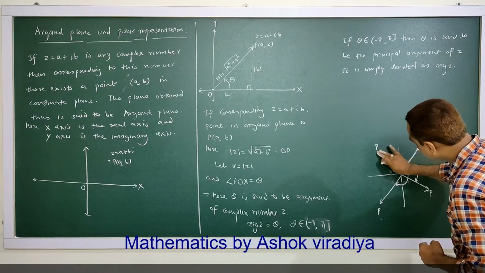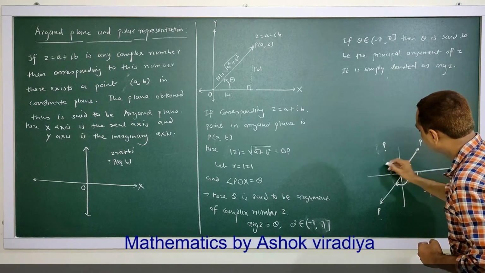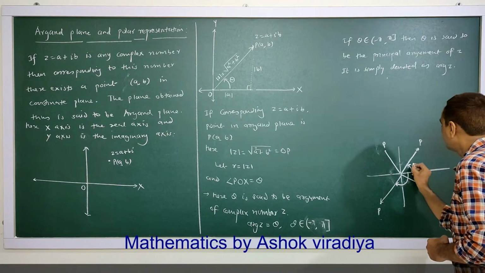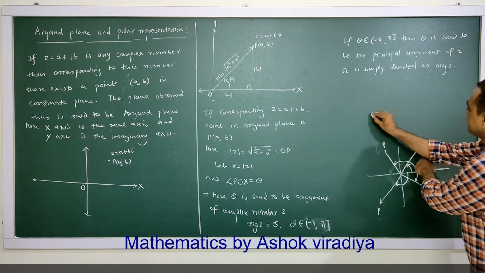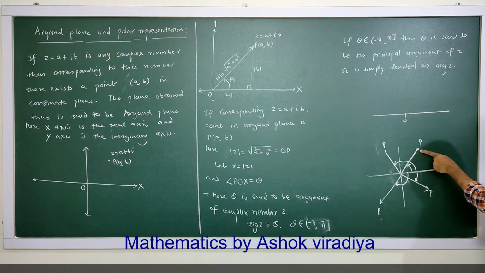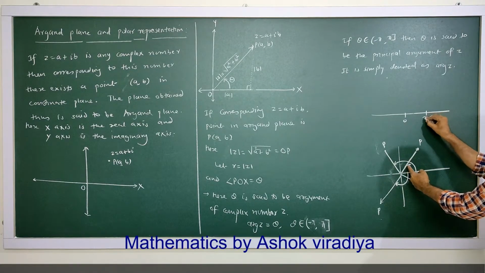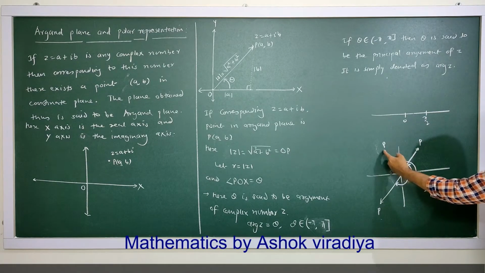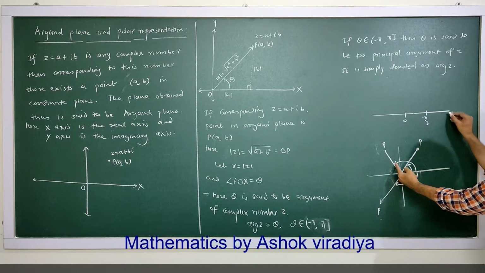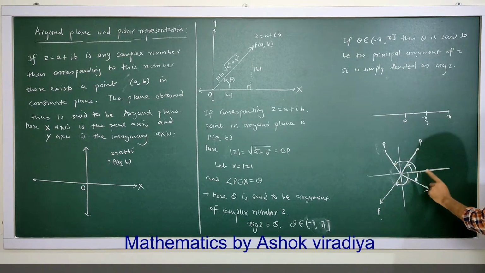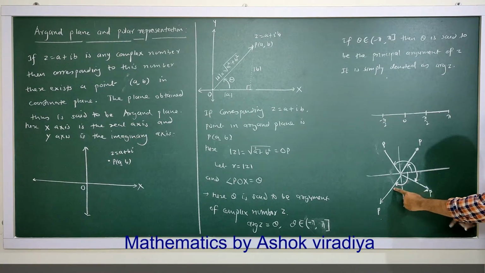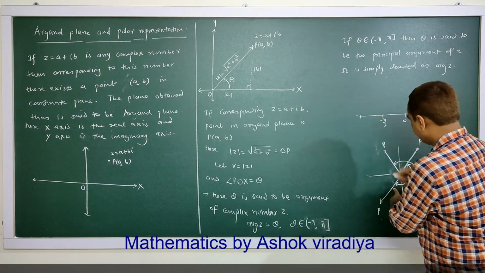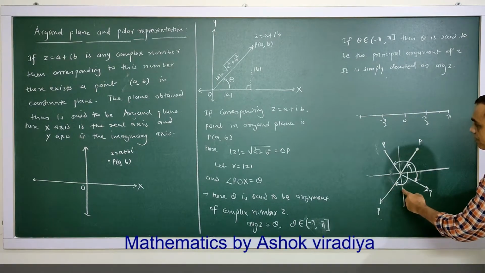If the point is in the first quadrant, then theta will be in 0 to pi by 2. If the point is in the second quadrant, theta will be in pi by 2 to pi. If the point is in the fourth quadrant, theta will be in minus pi by 2 to 0, on the negative side. If the point is in the third quadrant, theta will be in minus pi to minus pi by 2.